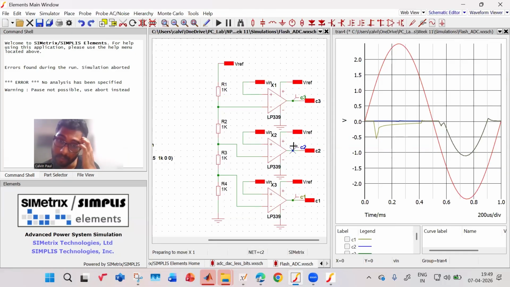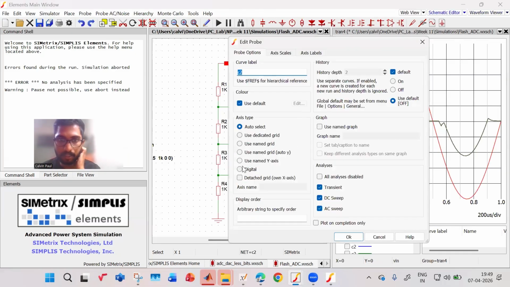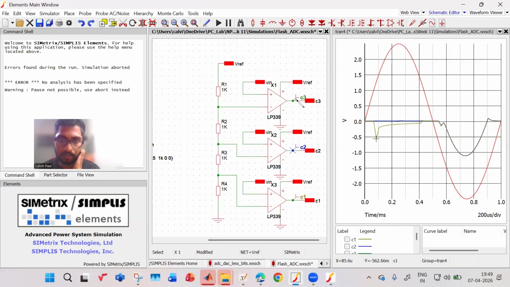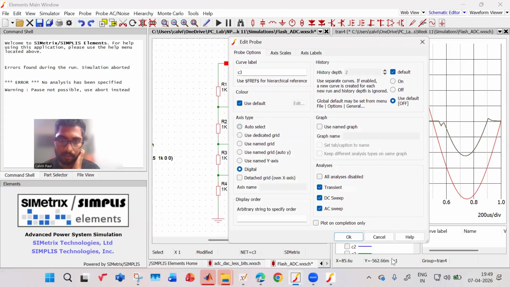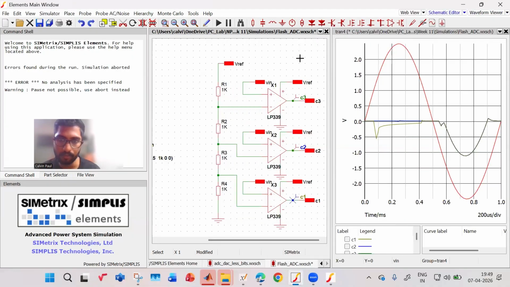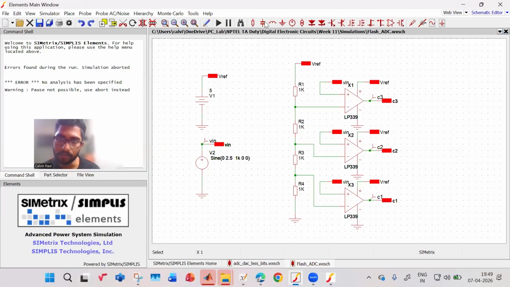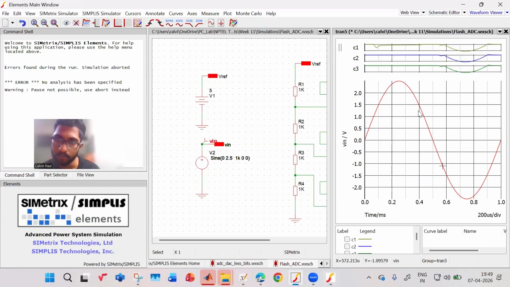Okay. These are digital. So let me make it a digital thing. Digital, digital. Okay. So super. Let me run it once more.